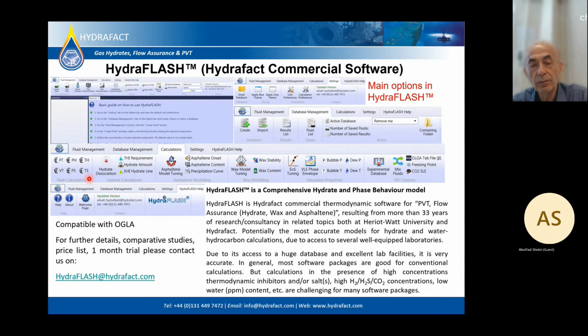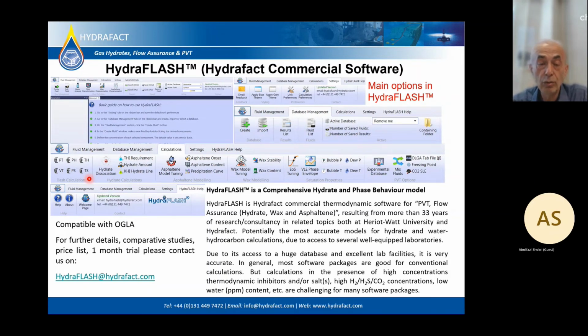The reason it is the most accurate one is that, as you probably know, software works on experimental data. The reliability of software depends on what experimental data has been used for development.